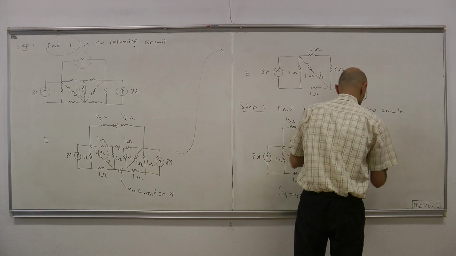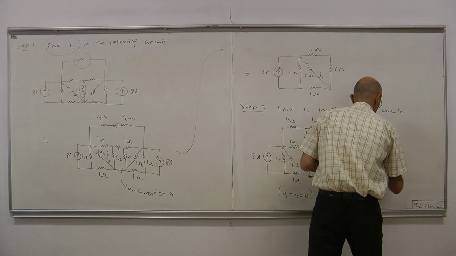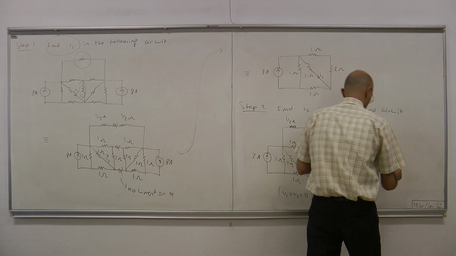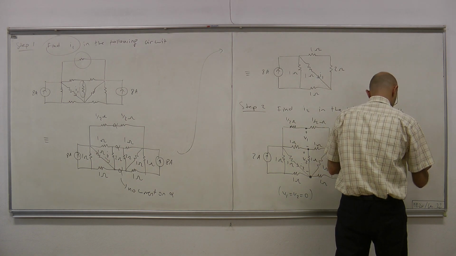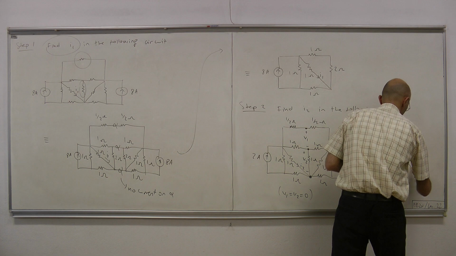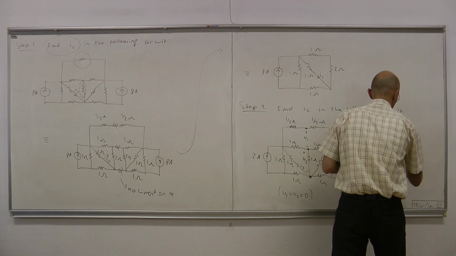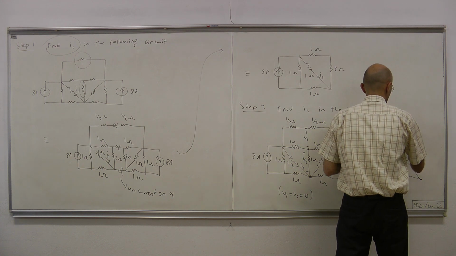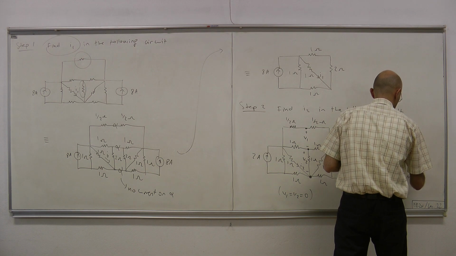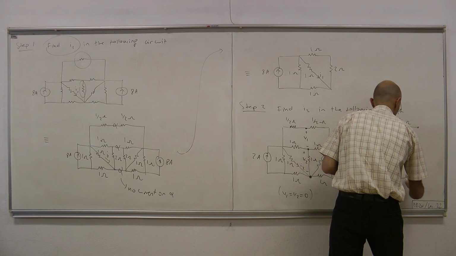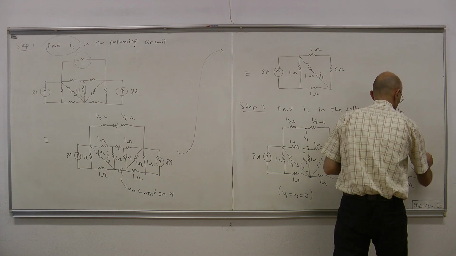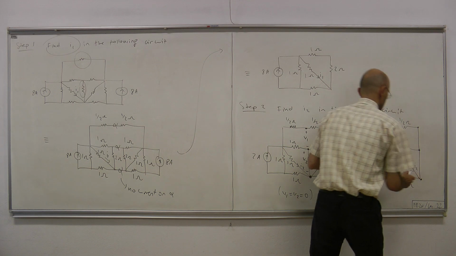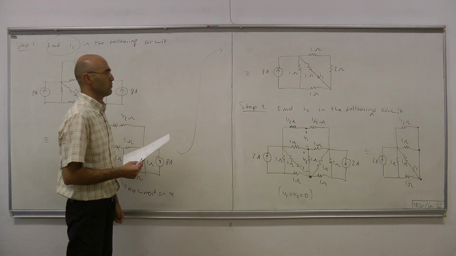Therefore, as far as I2 is concerned, this is equivalent to 2 amp, 1/2 amp, 1 amp, 1 ohm, 1 ohm, 1 ohm, and these are all short circuits. Okay. Then we compute I2 in that simpler circuit.